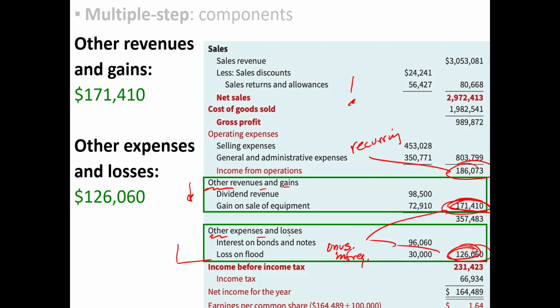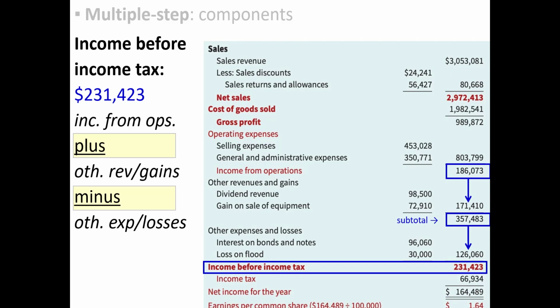And we shouldn't freak out if we have an unexpected loss of $126,000 this year. May not see that next year. So that's why we want to make sure up at the top, hey folks, this is our core operations. This stuff down below, yes, it brought up our overall income pre-tax, but let's not get excited about that, okay?